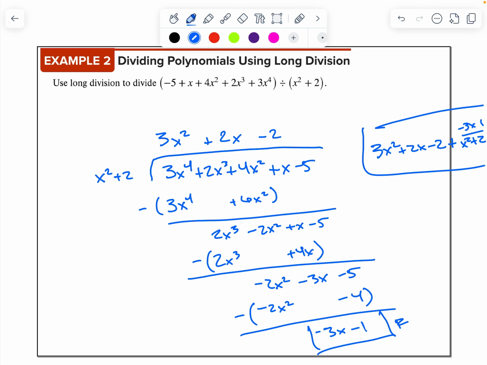So this is what my final solution looks like here. Some of these problems on ALEKS, sometimes it will just ask you for the quotient, in which case you would type in this. Sometimes it will just ask you for the remainder, and you would just type in this item down here, right? It just depends on how the problem is asked. And there's your divisor to fill that out. So it's quotient plus remainder over divisor.